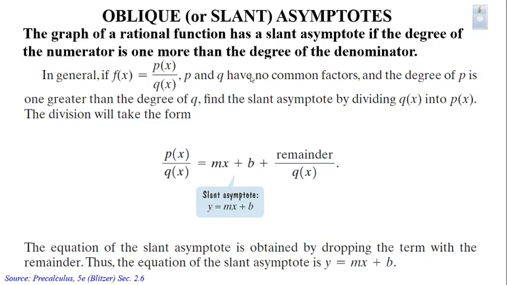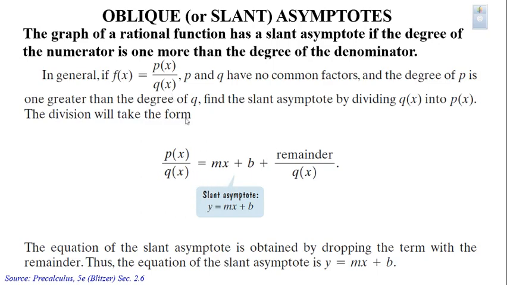So in general, if they have no common factors and the degree of the top is 1 more than the degree of the bottom, and we're not talking about a straight line here, so it's not like a linear function over a constant. That's just a straight line. But if we're talking about a degree 2 or more polynomial over a degree 1 or more polynomial, then we are talking about an oblique asymptote in simplified form.